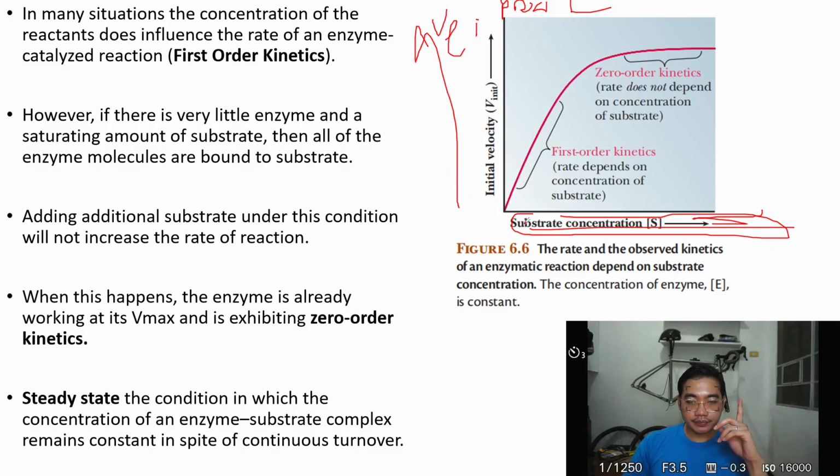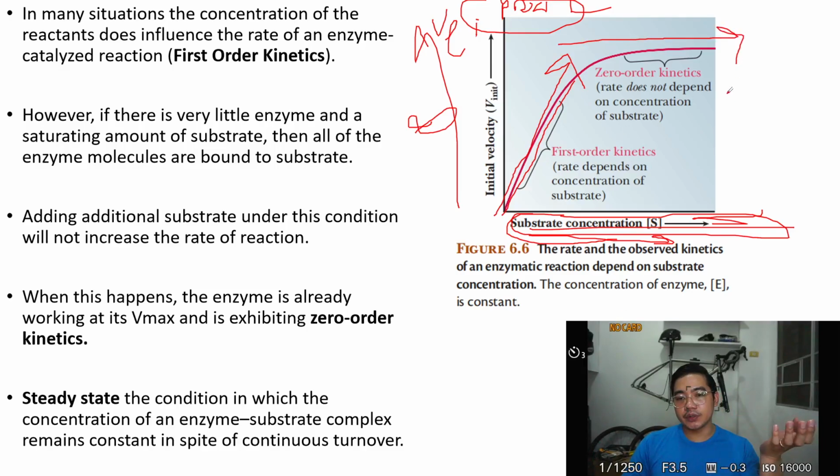So, first order kinetics simply means that there is a rapid increase in production of products during the initial increase of your substrate concentration. Rapid increase meaning exponential increase. Eventually it plateaus.